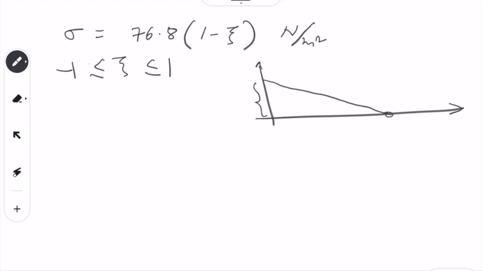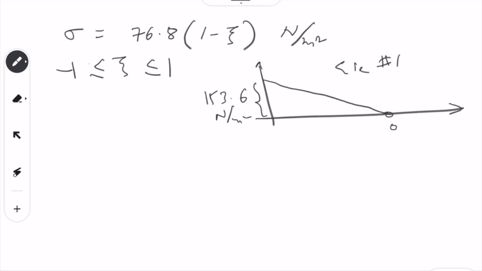So here we have 153.6 Newton per meter square, and here you put xi equal to 1, this becomes 0, so this value will be 0 here. So this is how the stress changes in element number 1.